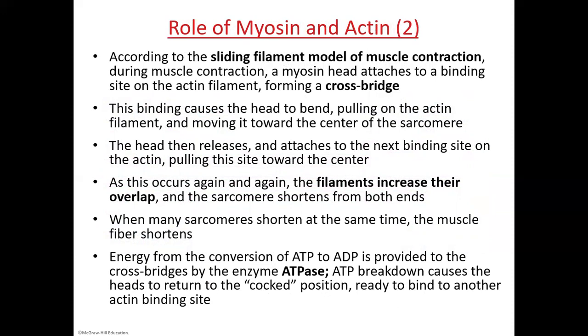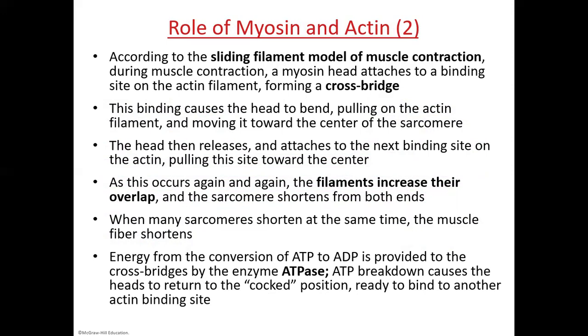Filament because they're thin little protein sticks, and sliding because they slide past one another. The myosin head will attach to a binding site on the actin filament and form a cross bridge. Once those bind, that causes a shape change in the myosin and it causes the head to bend, which pulls the actin filament further towards the center of the sarcomere.